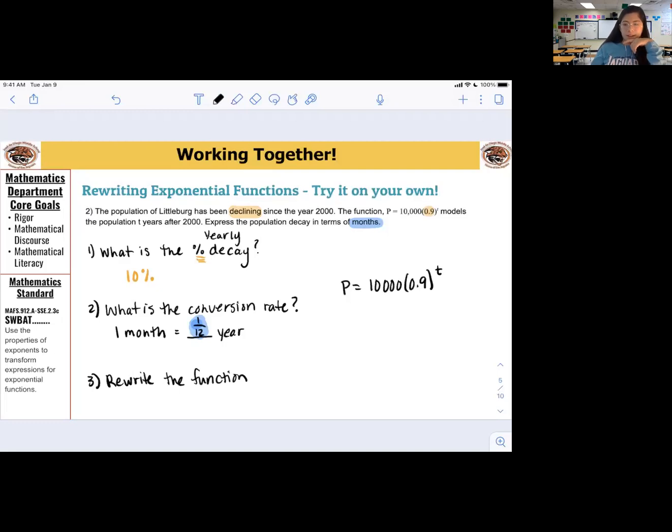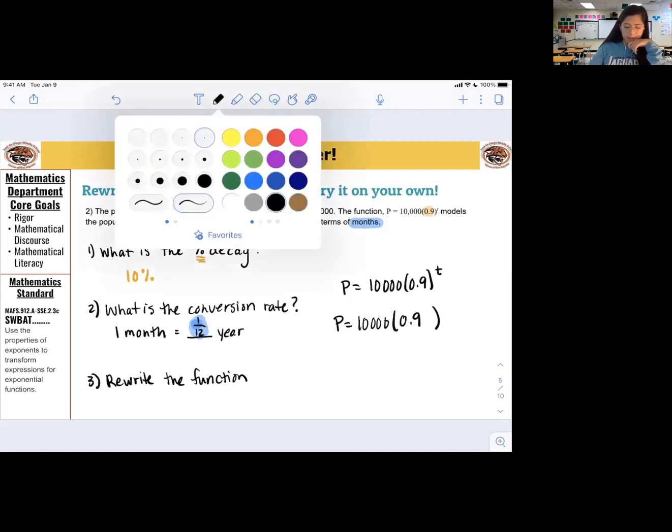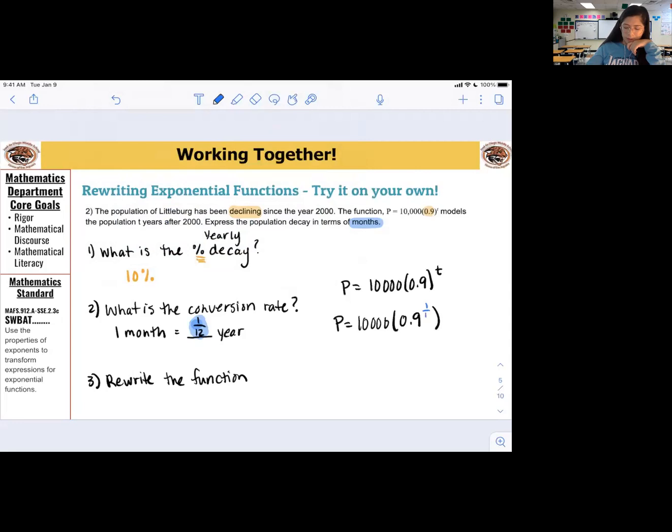What do I put on the inside? Our exponent. Our new exponent. So on the inside goes my 1 over 12. What about on the outside? 12. And my t stays the same, still t.